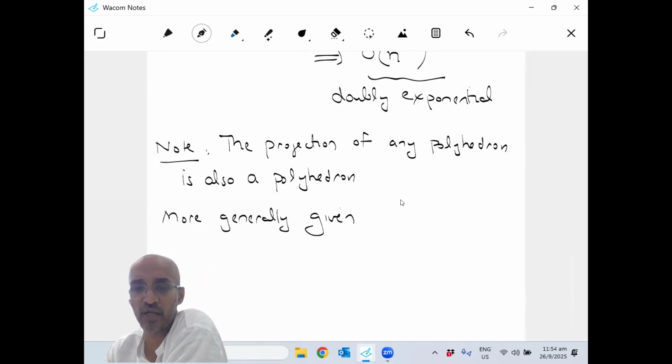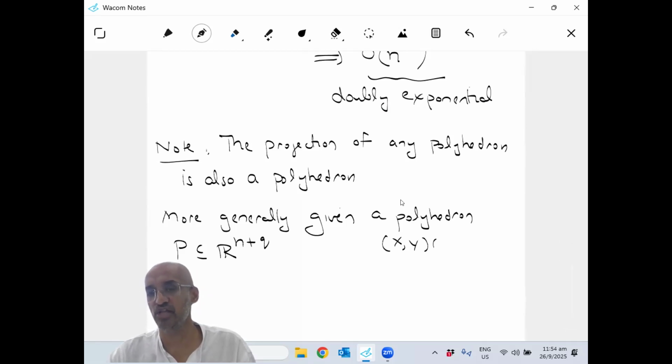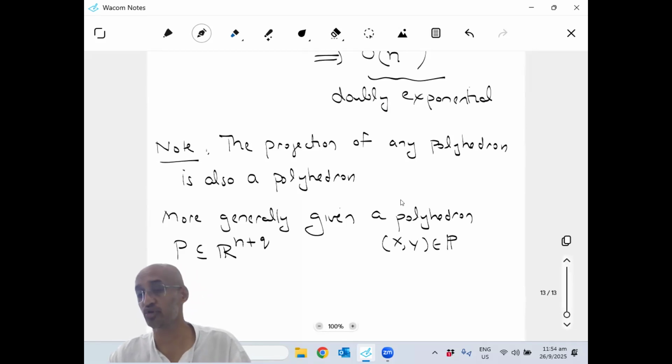More generally, given a polyhedron P in n plus q variables, imagine that there are variables x and y which lie in P. So x is the set of first n variables, y is the set of next q variables.